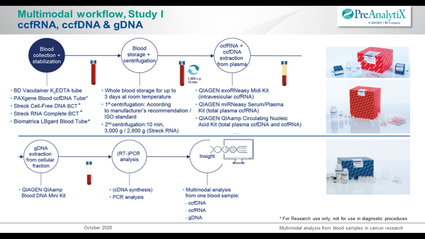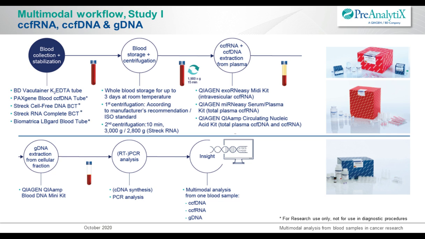And then we isolated the RNA from the plasma also with the QIAGEN circulating kit, which is capable of isolating the RNA, but as well, as you see, the circulating cell-free DNA, so that we have the DNA and RNA from the plasma.